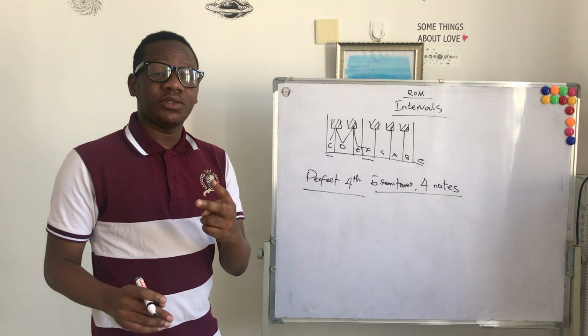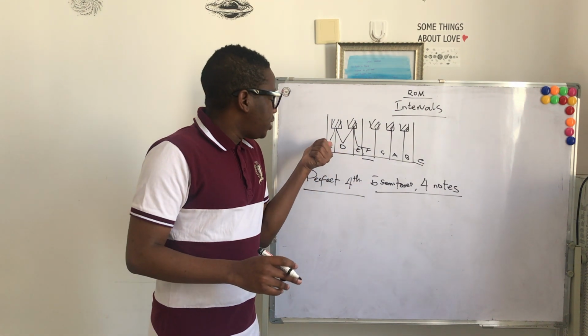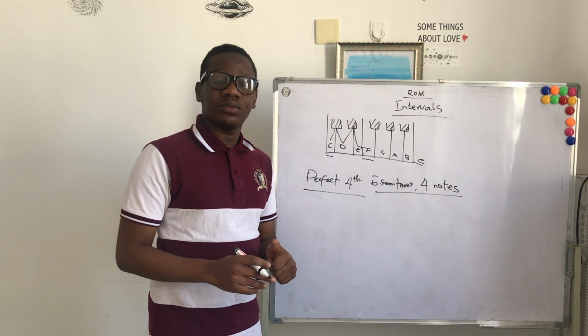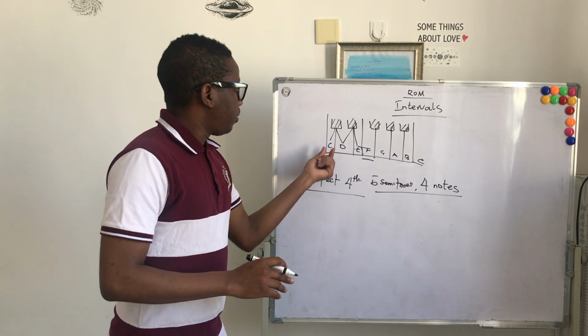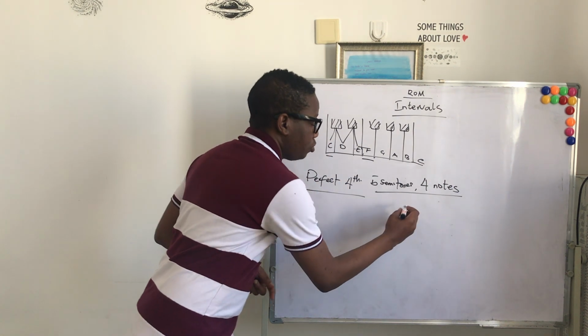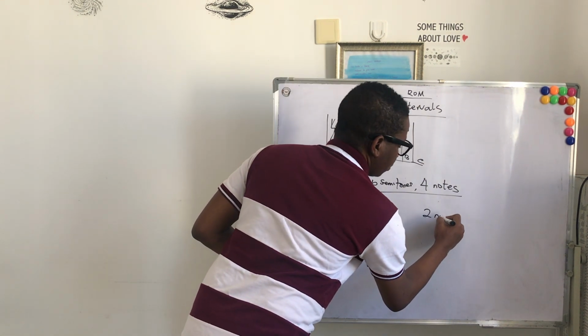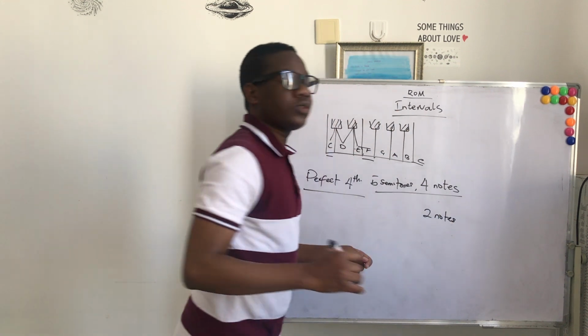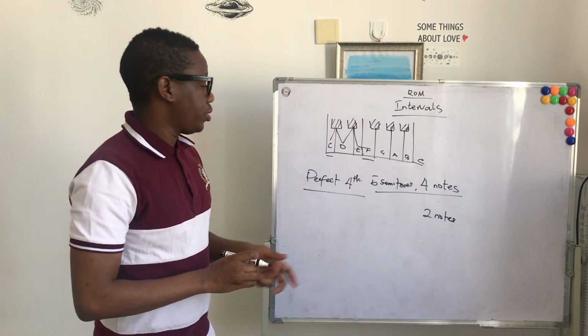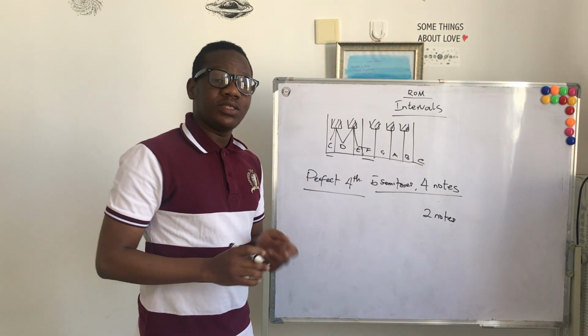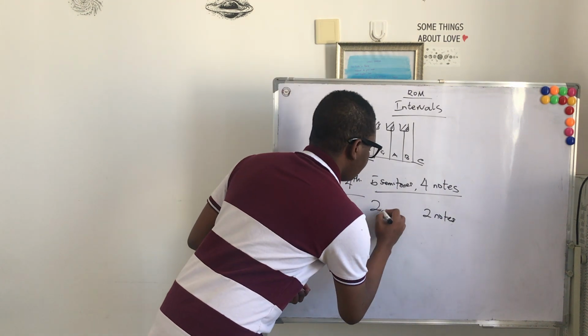Again, let's consider another example. Let's take C and D. The distance here is what? 2 notes, C and D. The semitones: 2 semitones.